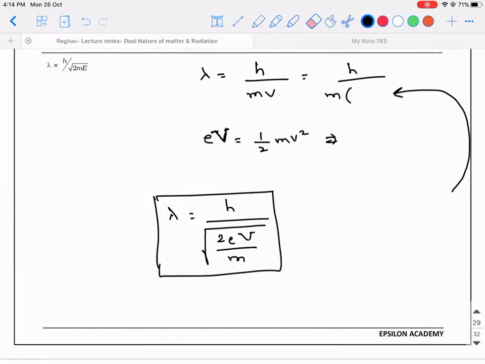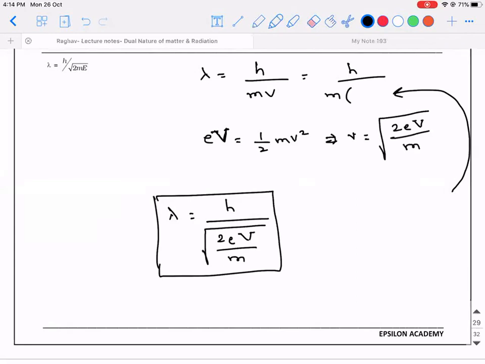Just a minute. So v will be equal to the square root of 2eV, the whole divided by m.